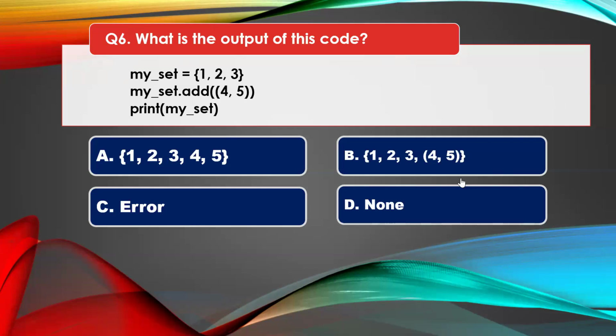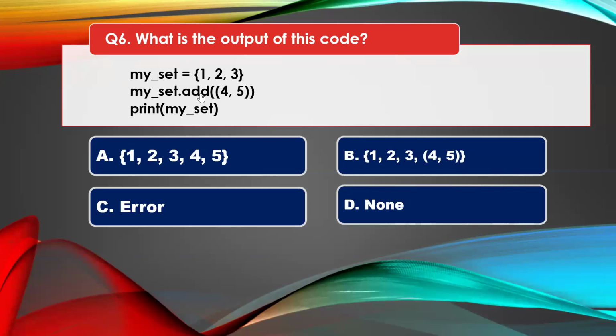Now you may ask me a question, why? See, first thing, whenever there is a set, inside the set, you can keep only a tuple. You can't keep a list or you can't keep a set again inside that. No way. It's only a tuple that can be kept.